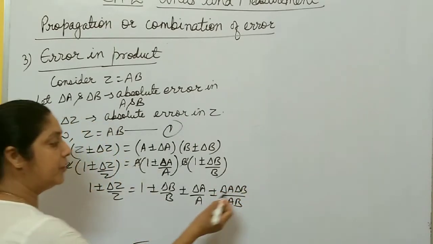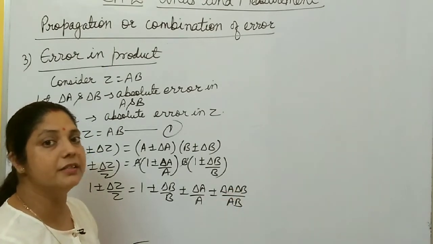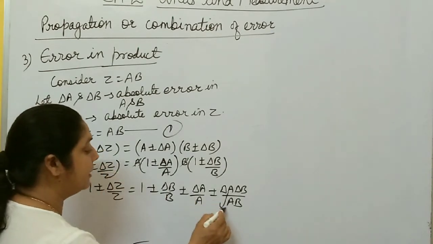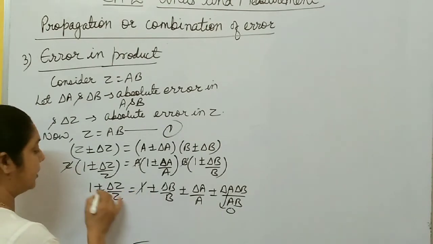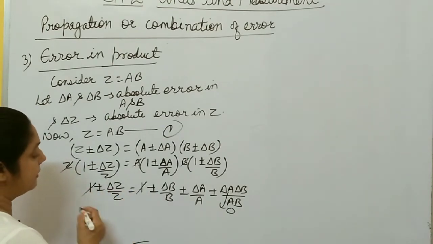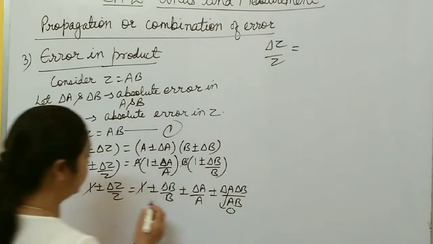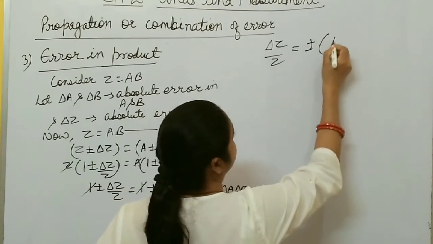When you multiply two very small quantities, suppose 0.2 into 0.3, it's 0.06. It's again a very small quantity. So this term may be neglected, right? And this side 1, this side 1, these 1 cancel. So the final result becomes delta Z by Z equals delta A by A plus minus delta B by B.